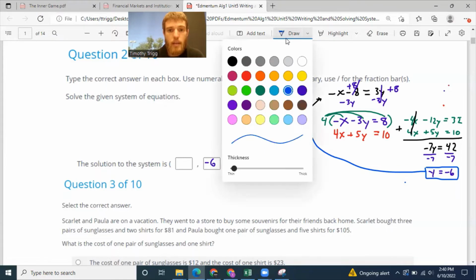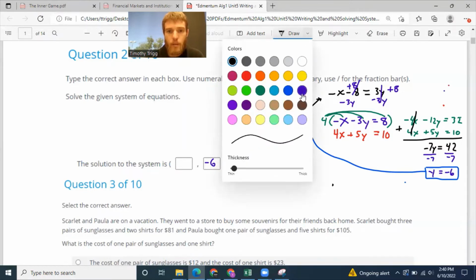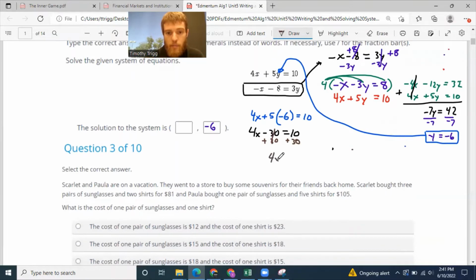Okay, so that gives us that we have 4x, 5 times negative 6 is negative 30 equals 10. And see if you could solve for x here. I would add 30 to both sides, giving us 4x equals 40.